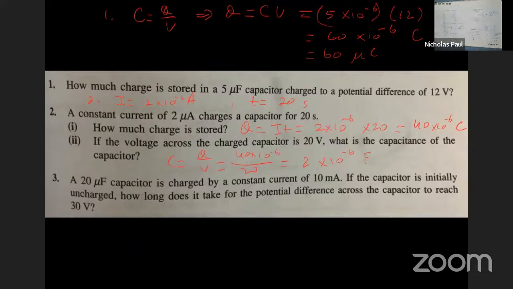Number 3. We have capacitance, we have the voltage you want to reach, and we have current. They want to find time. They ask how long, time.